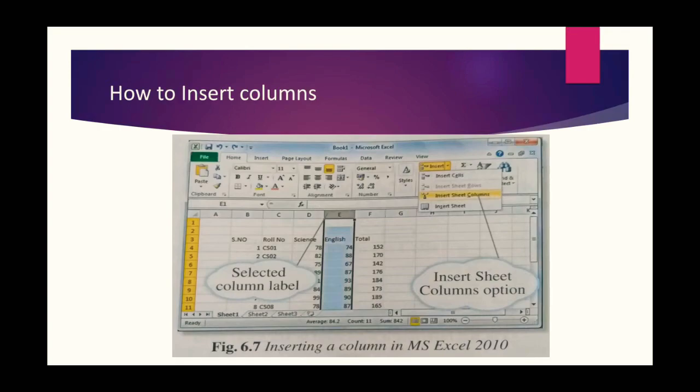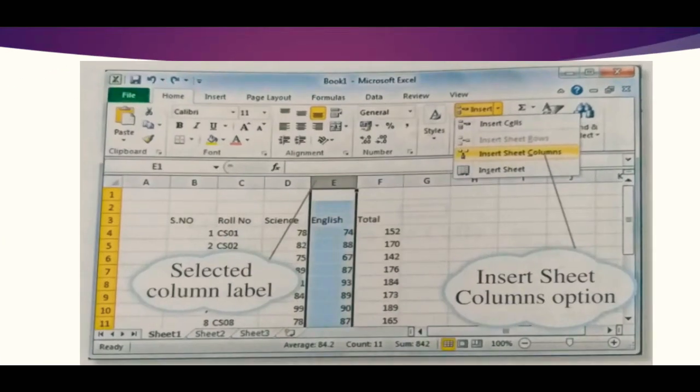How to insert columns? Select the column label before which a new column is to be inserted. Click on the Home tab. In the Cells group, click on the Insert drop-down list.